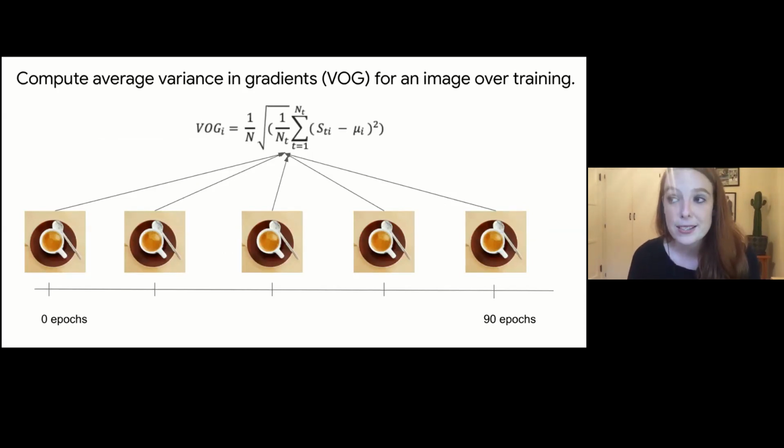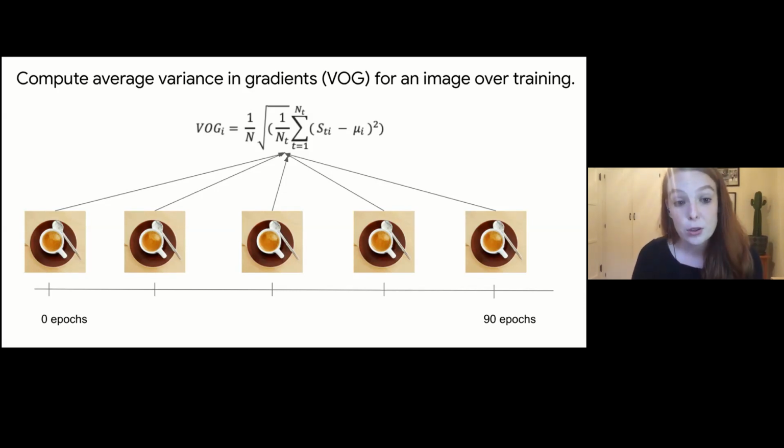And in fact, the hypothesis that we formulate is that for easy examples, the model will converge quickly on a fairly narrow range of gradients because it's consistently predicting the same prediction for that image. For hard examples, the model is trying to place the image at different parts of the decision boundary. And so, in fact, it will keep on oscillating the gradients, and we'll see higher average variance in the gradients.